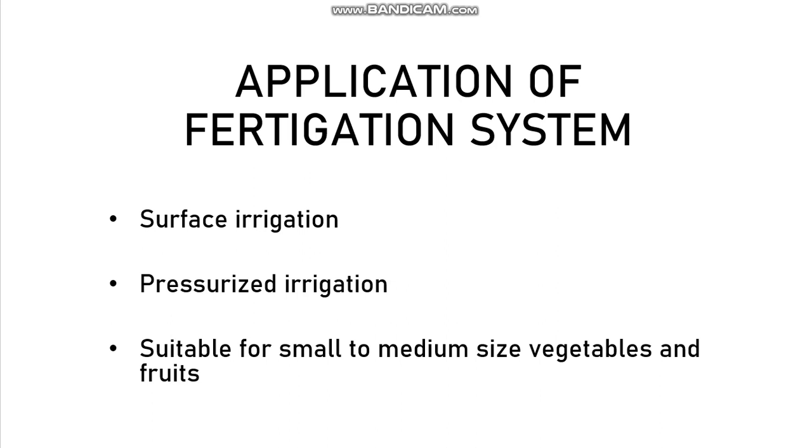Pressurized irrigation is the example of how we want to use our fertigation system, which uses pipe and irrigation line. And fertigation system is commonly applied to small to medium sized vegetables and fruits.